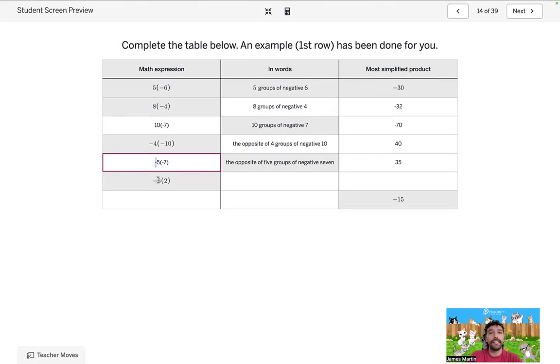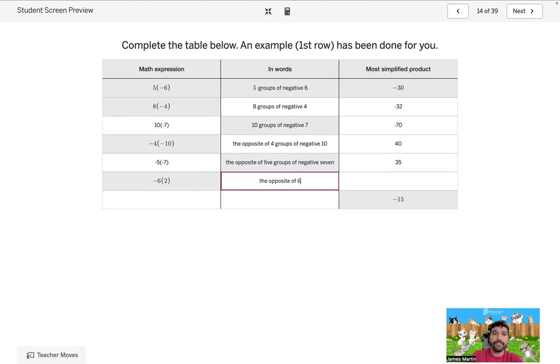All right, now let's take a look at the bottom one. This one is going to be a little interesting. We're combining the information that we have up here and we're applying it down here. So whenever our first number is negative, we can think of it as the opposite. So that's what I'm going to write. The opposite of, and what's my number? 6.